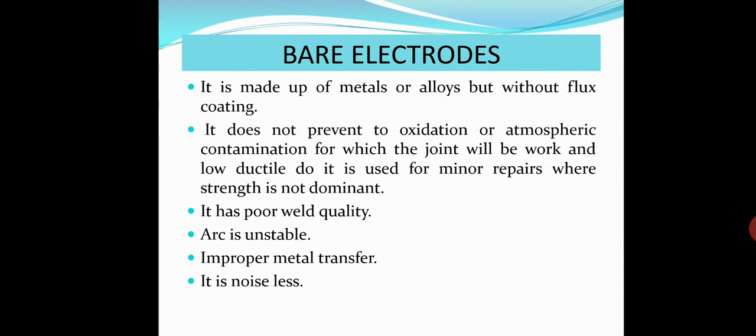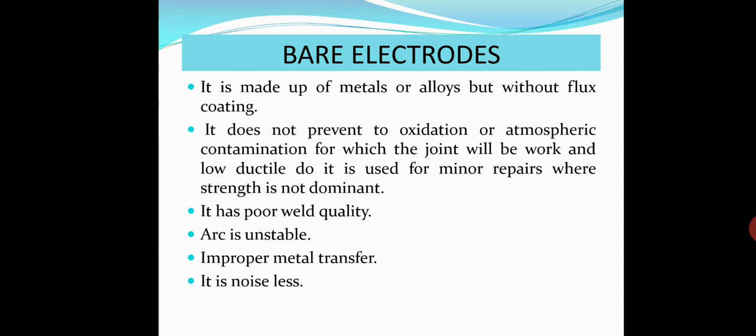Here there is no flux, so it cannot prevent oxidation or atmospheric contamination, for which the joint will be weak and of low ductility. So it is used for minor repair work where strength is not very much required or dominant.